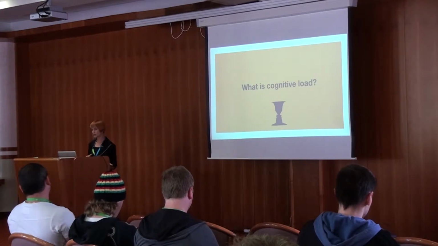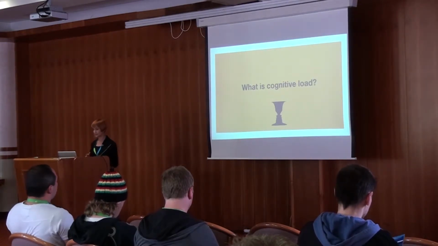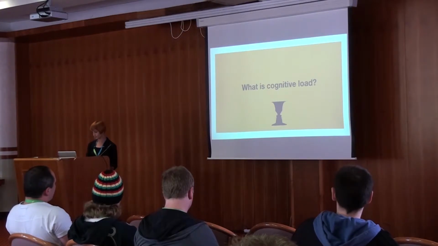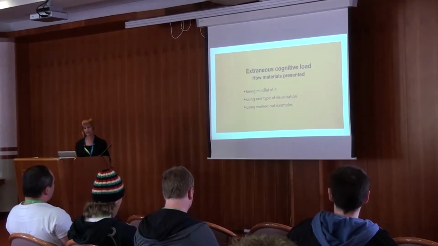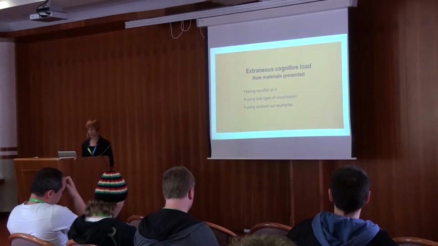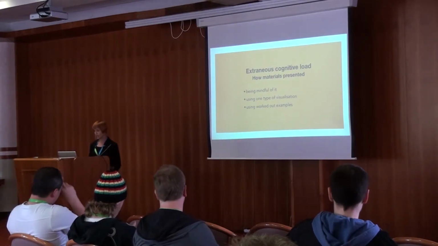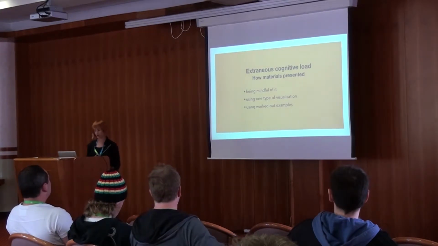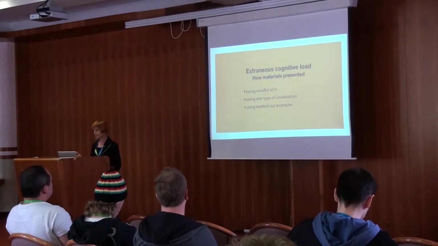When we're speaking about cognitive load, we have to know that there are 3 different types of it. The first one is extraneous cognitive load. This is how material is presented. You can reduce this kind of cognitive load simply by being mindful of it.